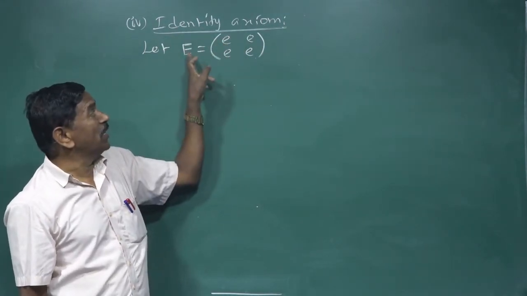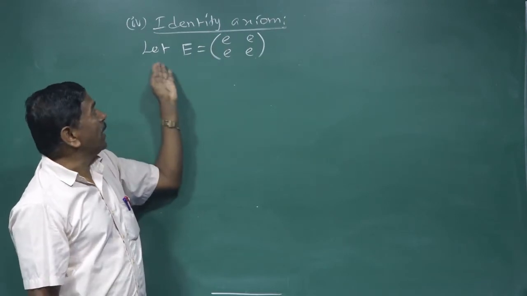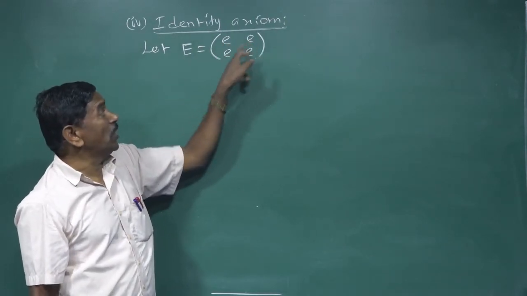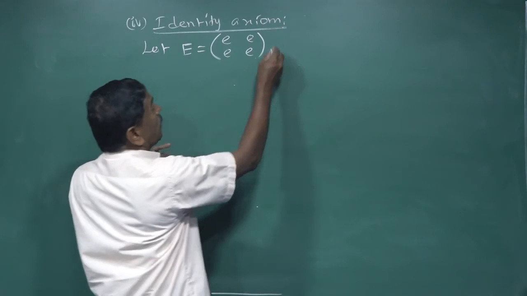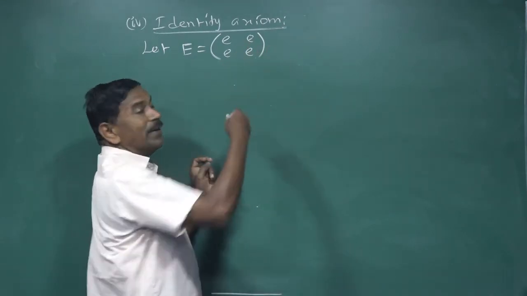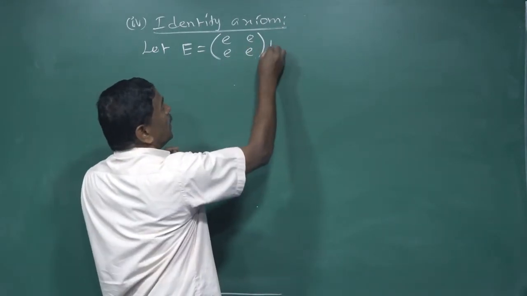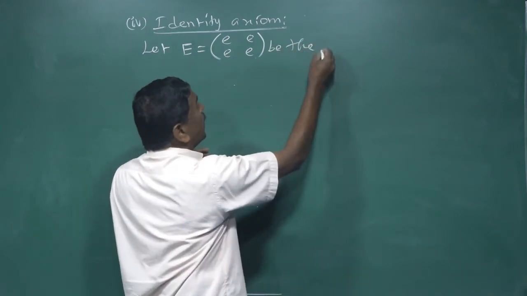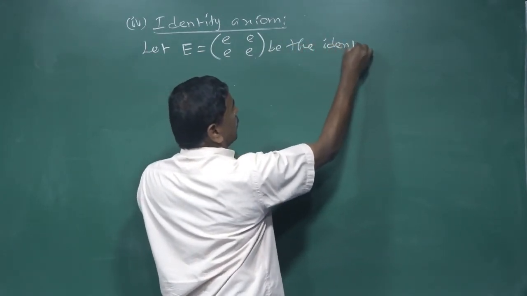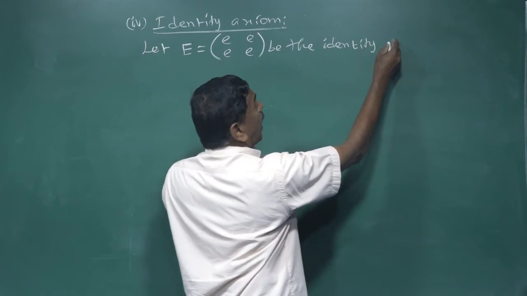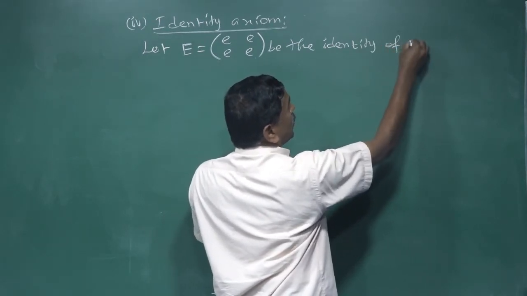Because of the condition, we are selecting like this. Let capital E belong to M, and be the identity element of M.